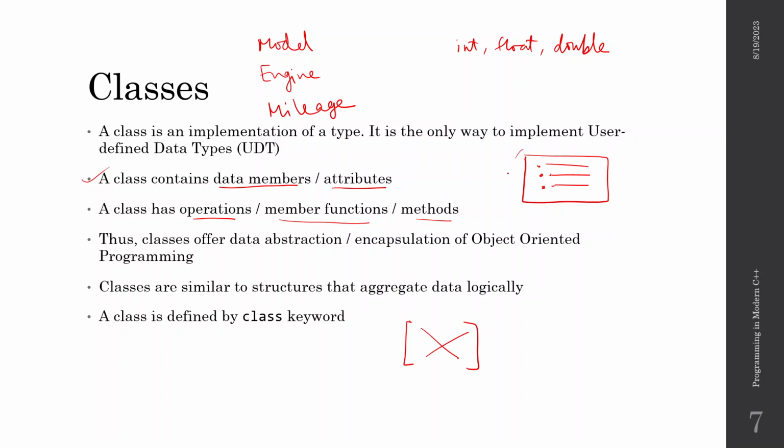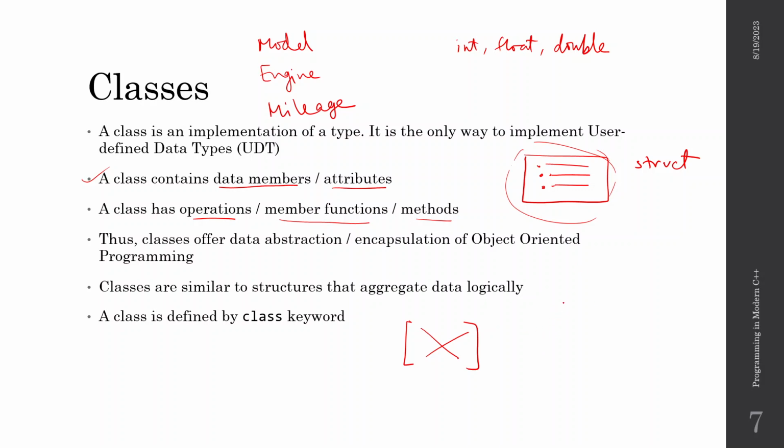The functionality to combine data members is also available in C, in the form of struct. But in C++ we can also define member functions, which allows us to define the behavior of the class.